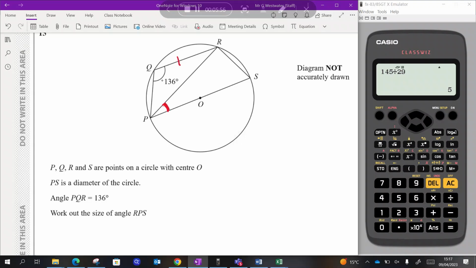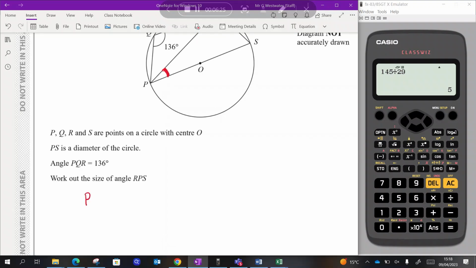So I saw a few people labelling these as equal. At no stage can we assume that. Q could be anywhere along this sort of circumference of the circle. We can't make those assumptions, but what we do know is that our origin is here, and therefore if we think about this triangle, I know from my circle theorems that we have to have a right angle here, because the angle in a semicircle is 90 degrees.